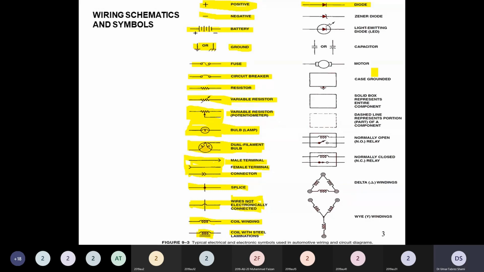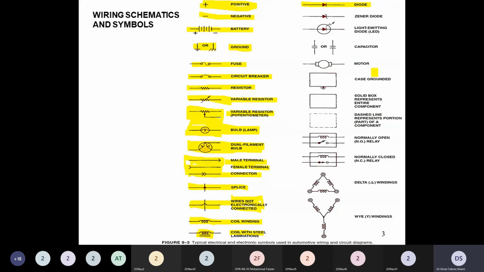As seen in the symbolic representation, the direction of the arrow in the diode symbol represents the direction of current that can be passed through this diode. So this diode has current which will only pass in one direction, and this current passes from the anode terminal to the cathode terminal.